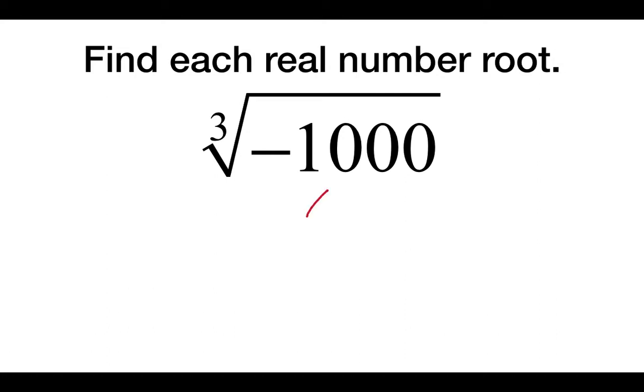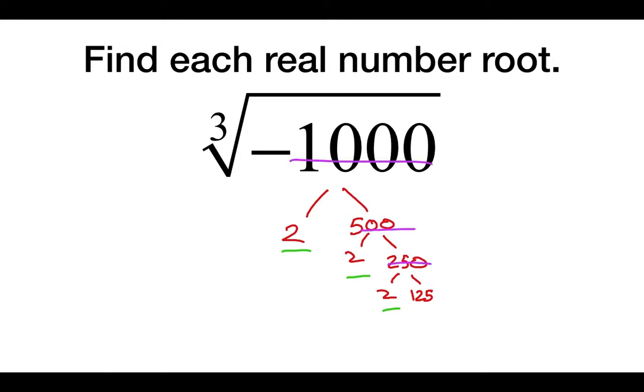Well, let's see. I know that's 2 times 500, which is 2 times 250, that's 2 times 125. Oh, look, by the way, I have a trio right there. And I can cancel out these three numbers.